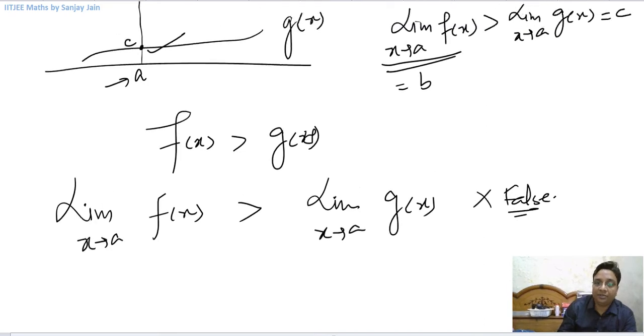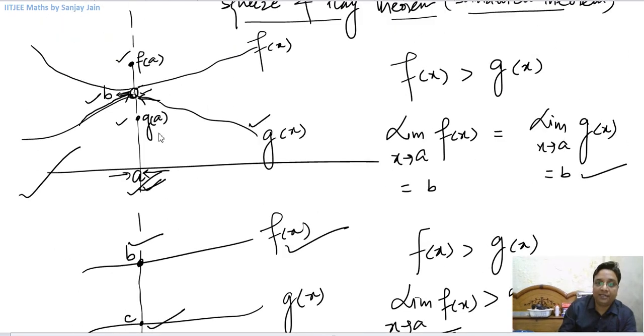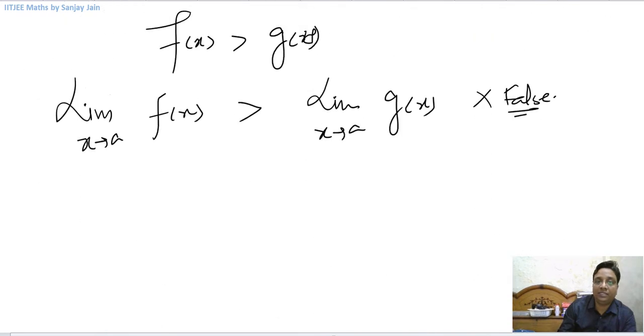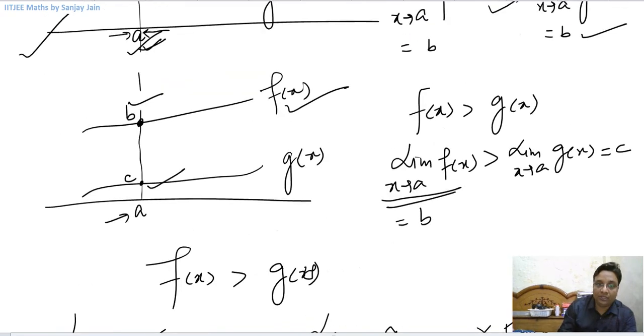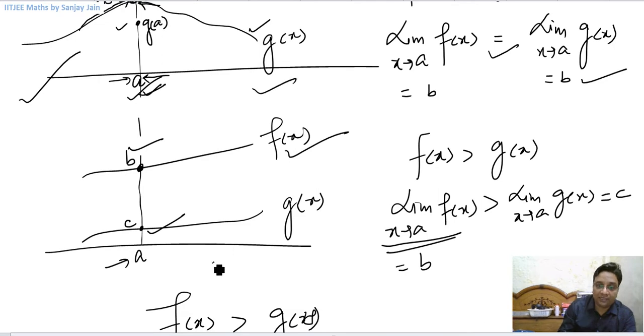Why? Because we saw in the first case that it was equal here, right? So it cannot be always greater, right? But if I write like this, it is greater than or equal to, so both the cases will be satisfied.